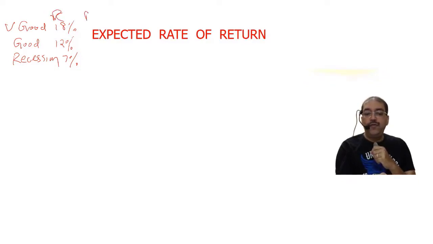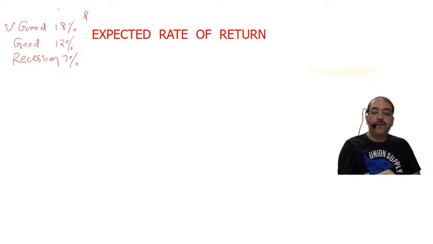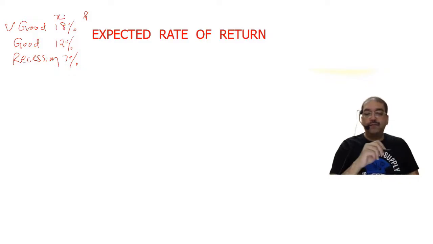Instead of R, I will call it X, expected returns. Then I will also have to give you the probability. Probability that the economy will be very good: a rare possibility, so I say 0.2.